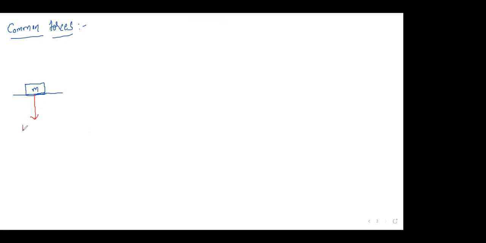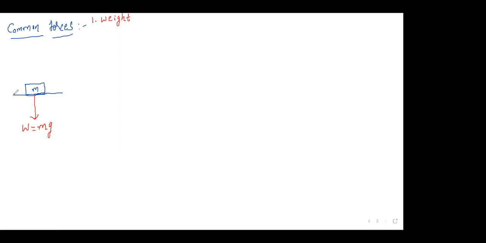The downward force, usually we call it weight. That weight is considered as m into g. So what is the first common force we are talking about? We are talking about the weight. Weight always acts downward, which is given by the formula W equals m into g.